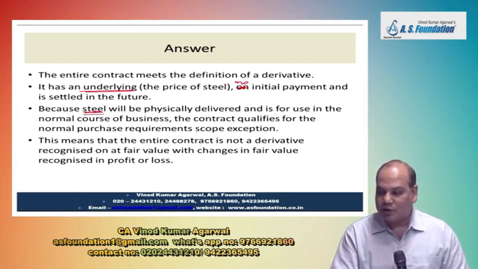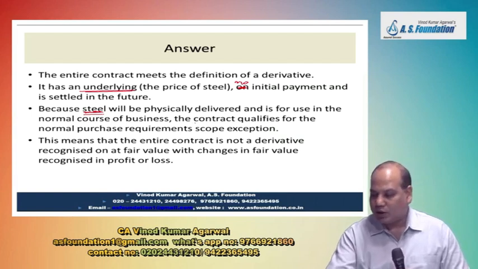Because steel will be physically delivered and is for use in the normal course of business, the contract qualifies for normal purchase requirement scope exception.